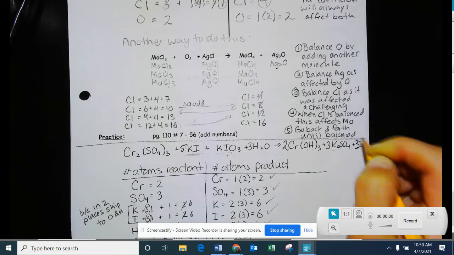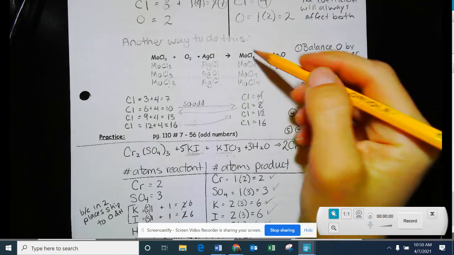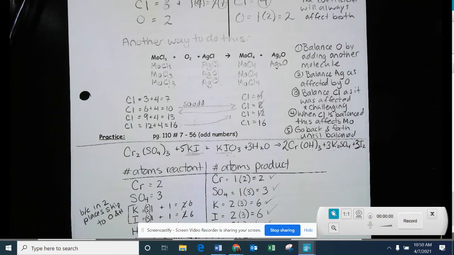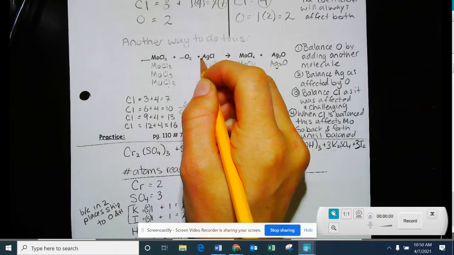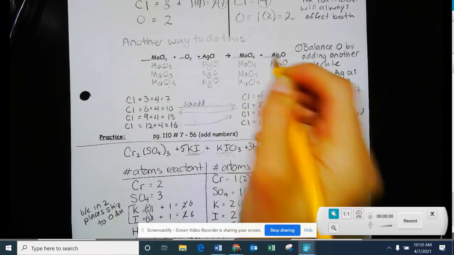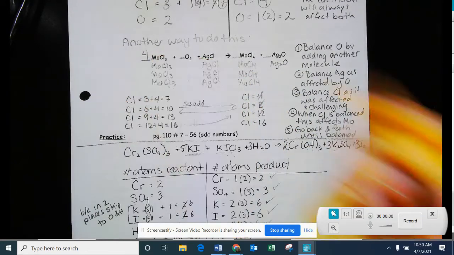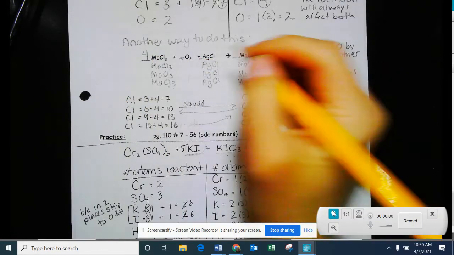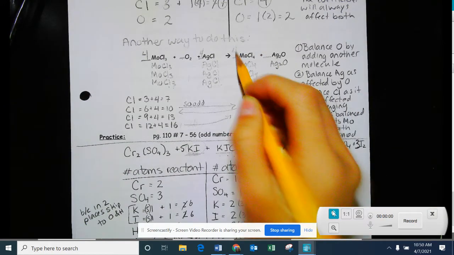So you might have to write out 4 of these. You might have to write out like 8 or 9 or something. But this way can be helpful. So in the end, what we end up with, I'm just going to write the coefficients in here, is a 1, 4, 4, and 2.